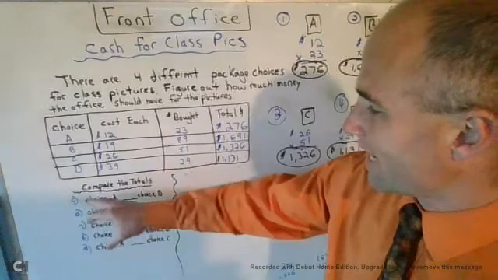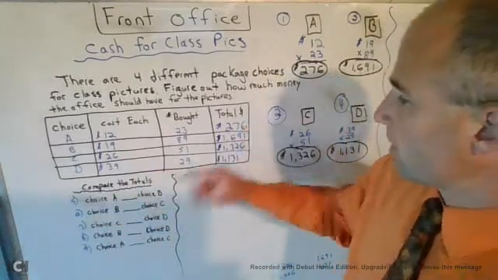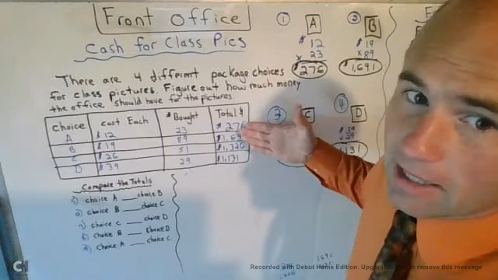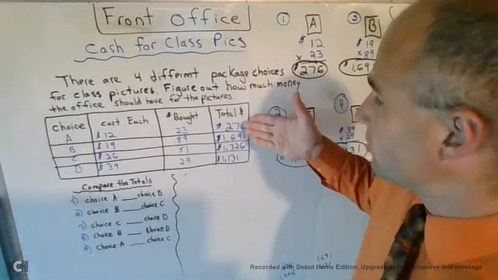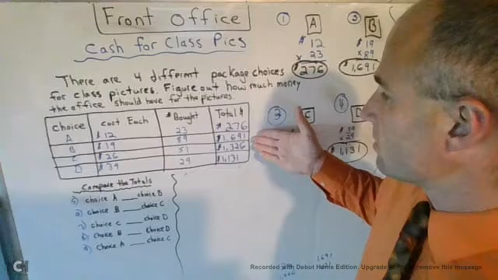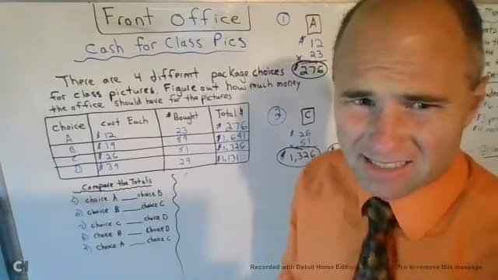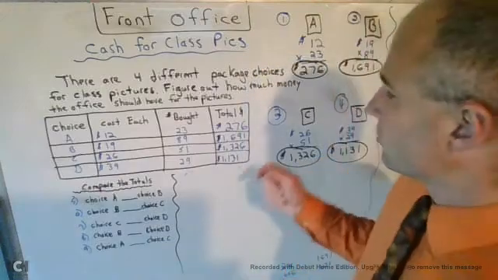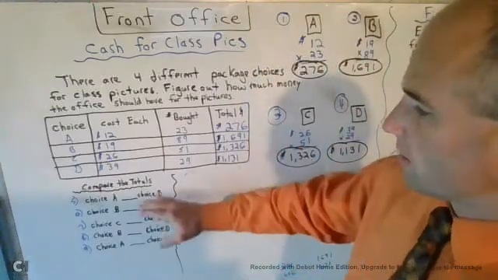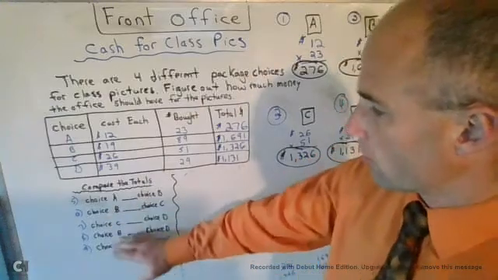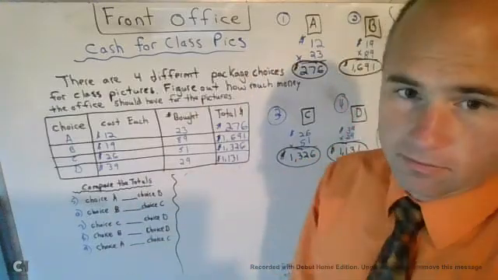For example, choice A versus B. Which one's greater than, which one's less than? Come on, that's easy. Compare 276 to 1,691. Piece of cake, right? All right. So you'll compare on the Google form for all of these choices.